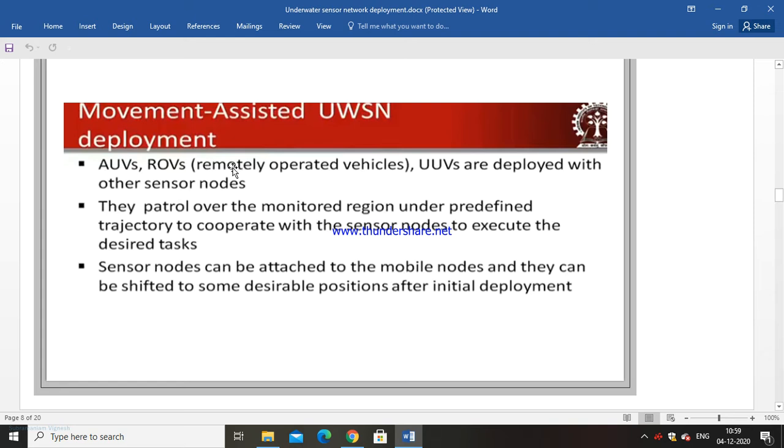AUVs and ROVs (remotely operated vehicles) are deployed with the other sensor nodes. They patrol over the monitored region on a predefined trajectory to cooperate with the sensor nodes to execute their desired task. Sensor nodes can be attached to the mobile nodes and shifted to some desirable position after initial deployment.